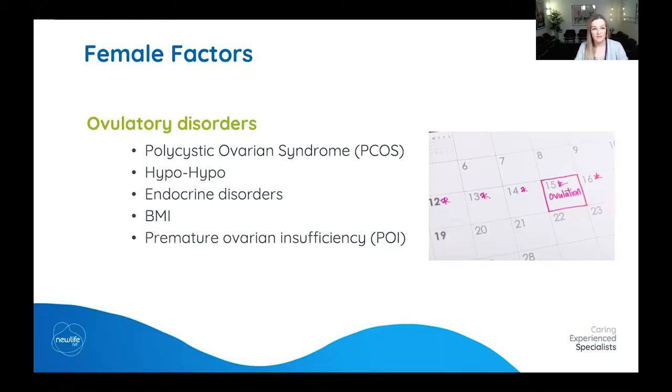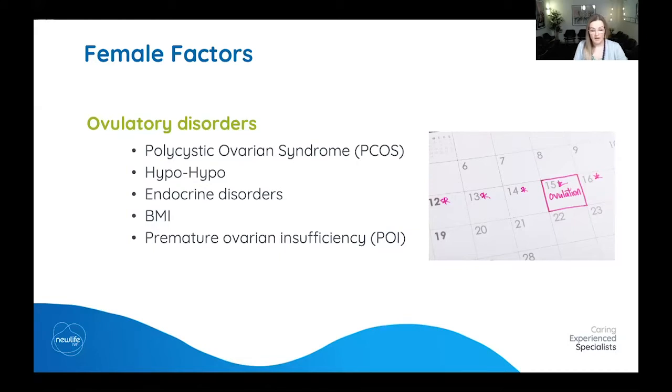There could also be a condition called hypogonadotrophic hypogonadism, which is a bit of a mouthful, so sometimes we would just refer to that as hypo-hypo. This is a condition where the body shuts down ovulation in response to stress, excess exercise, or low total body weight. There can also be other endocrine or hormonal disorders, as well as an elevated BMI that can impair regular ovulation.